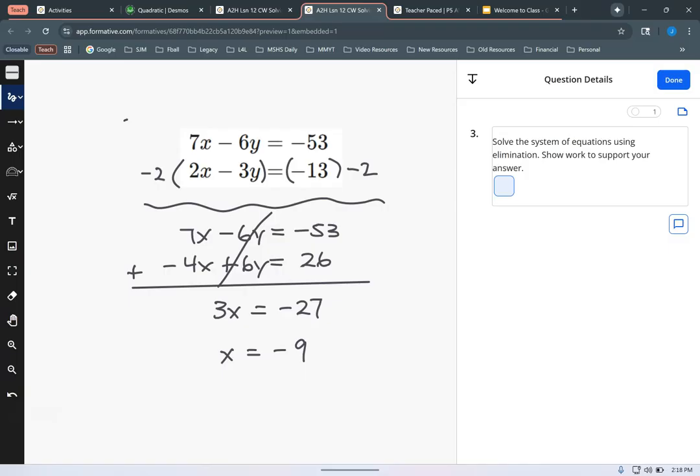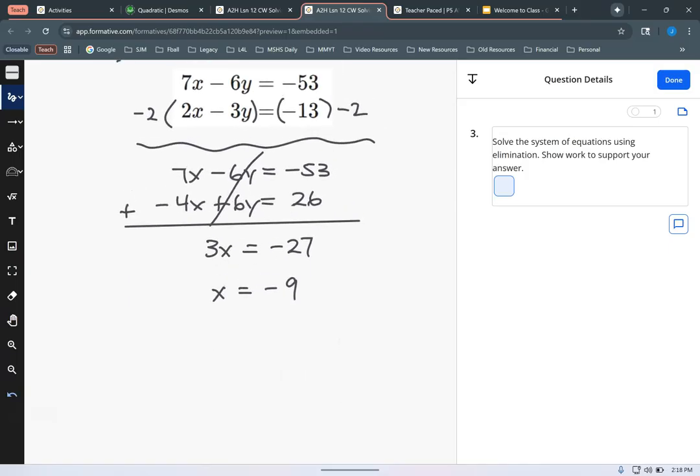Let's take, for example, this negative 9. So let's take this negative 9. I'm going to go back. I'm going to use the second one. So I'm going to go 2 times negative 9 minus 3y is equal to negative 13. Okay, so that's negative 18 minus 3y is equal to negative 13.